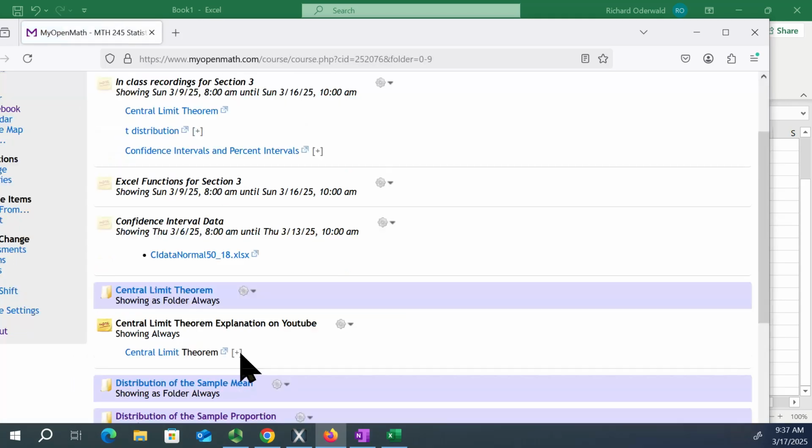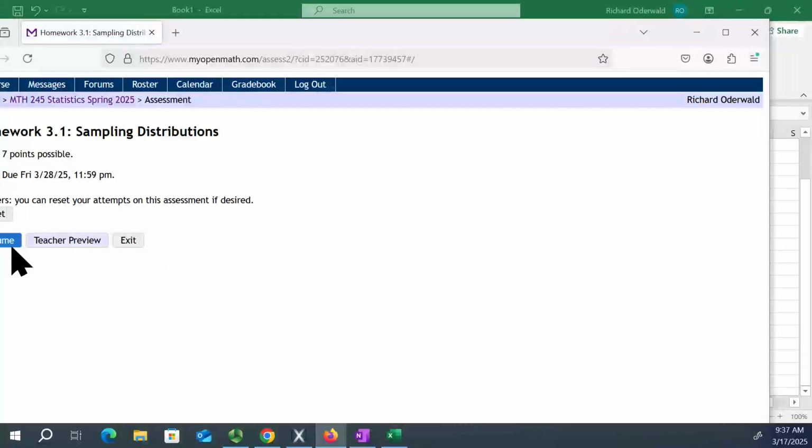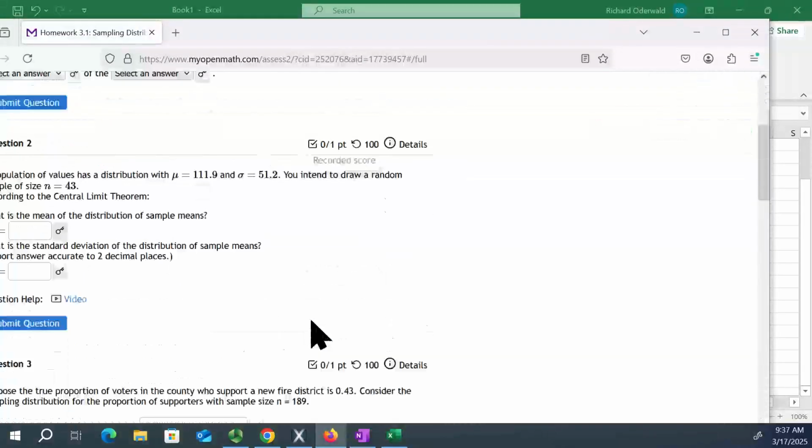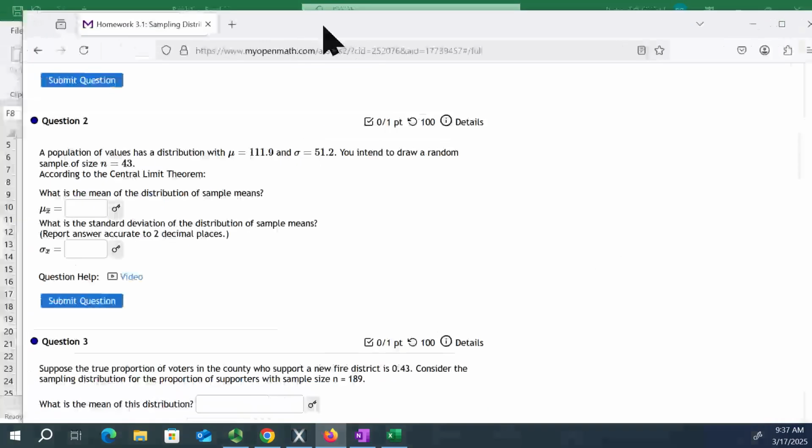If I go to 3.1, don't go to 3.1. All of these are find the standard deviation, divide by the square root of n. That's all that's required in all of this. Statistics is really very easy because there's nothing there.